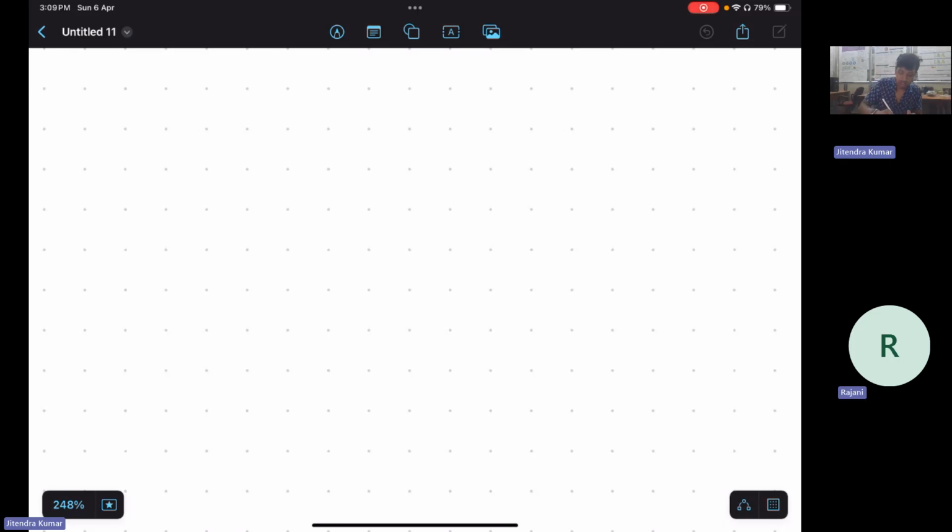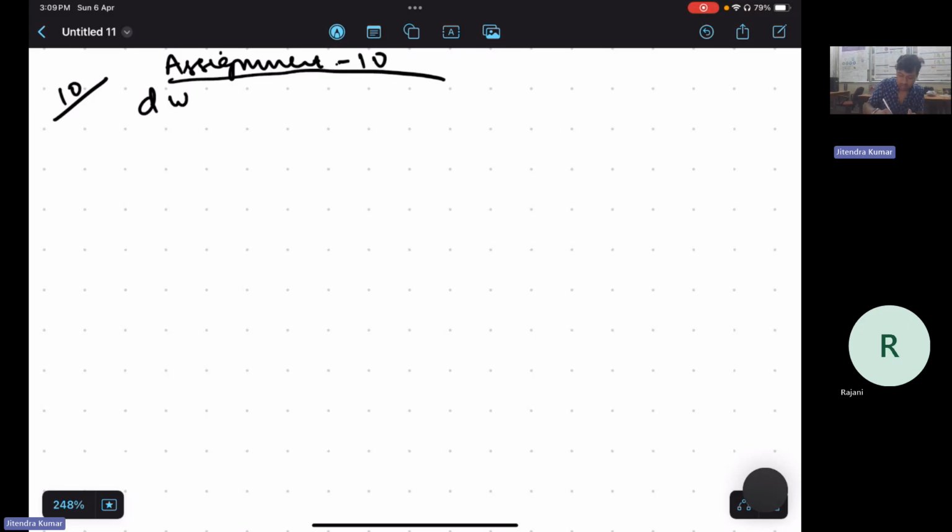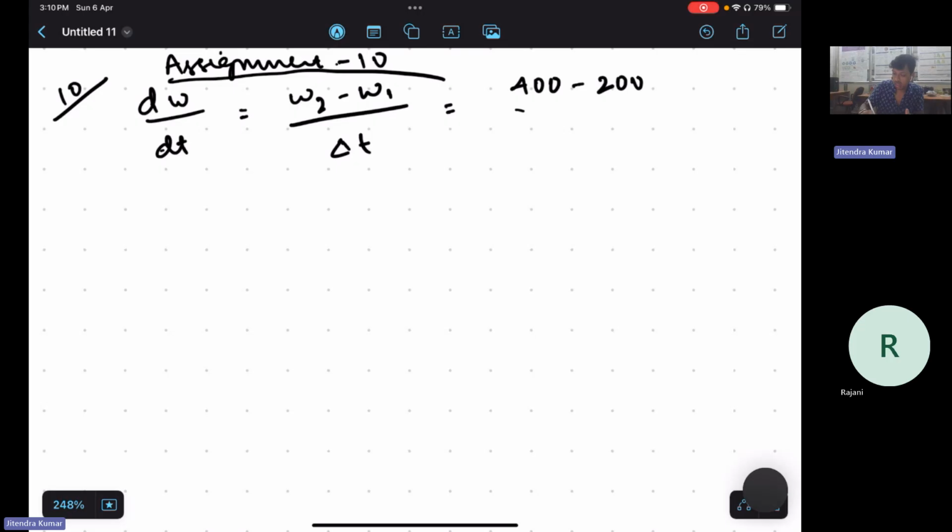Question number 10. d omega by dt is given by omega 1 minus omega 2, so 400 minus 200 divided by 0.06.